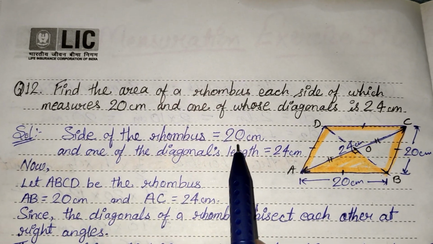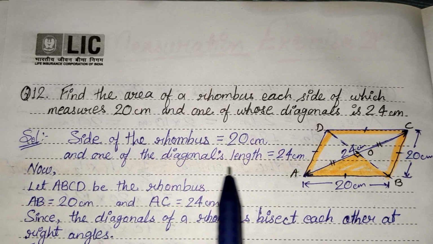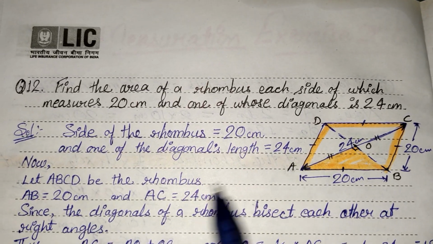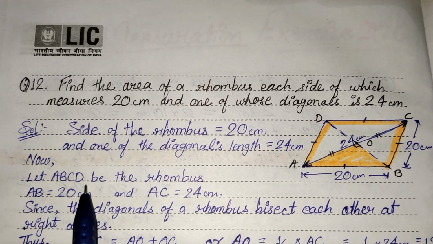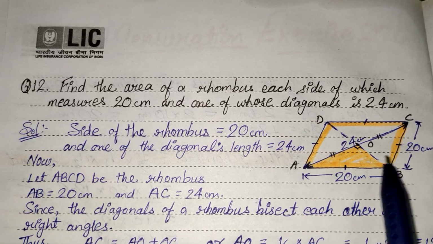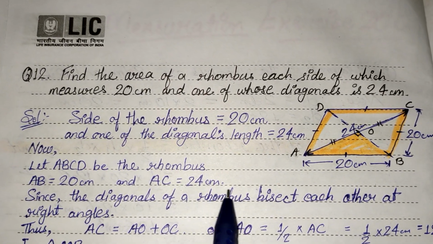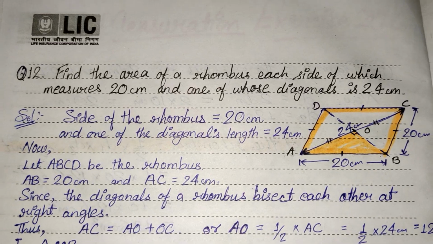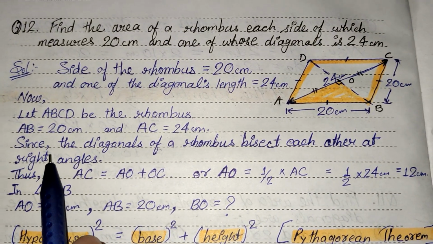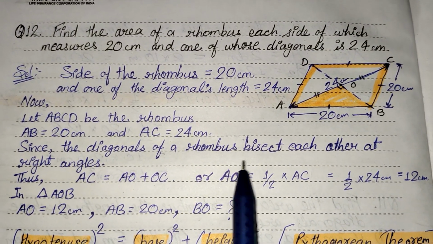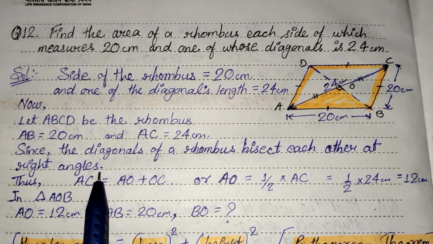Side of a rhombus is equal to 20 centimeter and one of the diagonal length is 24 centimeter. Now let ABCD be the rhombus. AB is equal to 20 centimeter and AC equal to 24 centimeter as given in the question. Now the diagonals of a rhombus bisect each other at right angle.